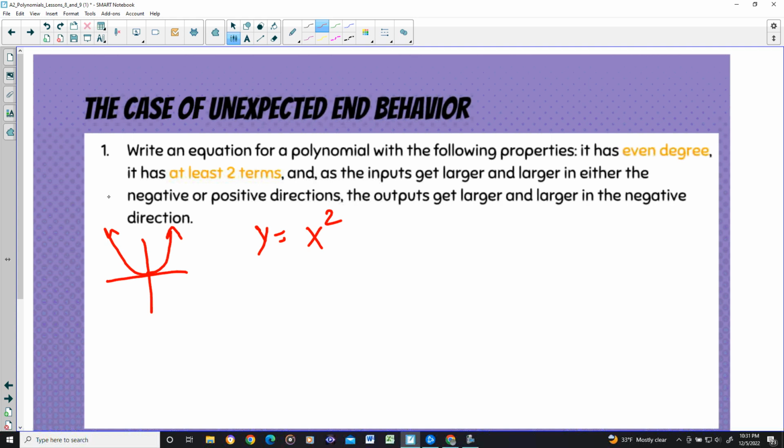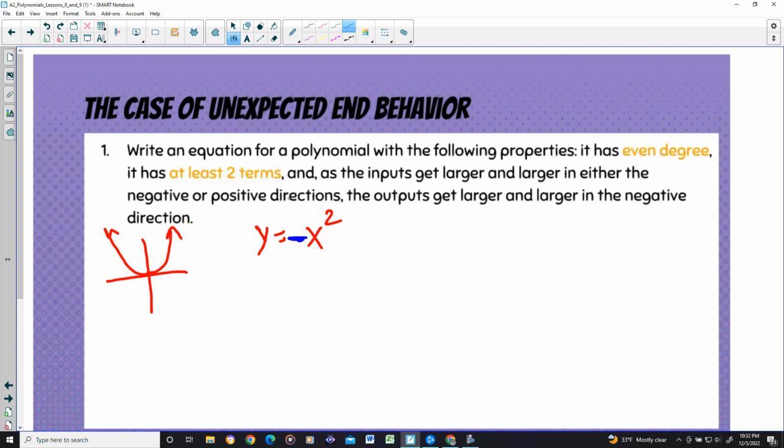So here's my problem. In this particular case, the outputs get larger and larger in the positive direction, right? How could I get those positive values to turn negative? You make them negative, right? You multiply by -1. So I'm going to take this graph and put a negative sign in front of it like that.